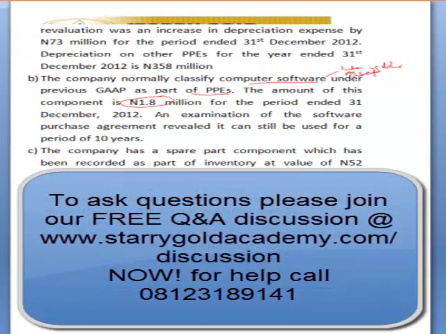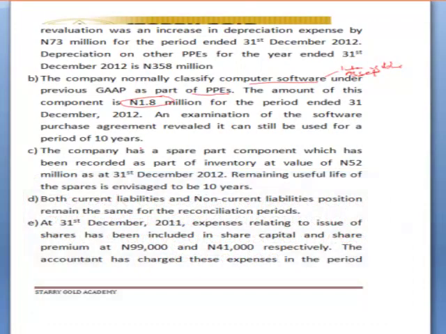Now if you also look at this, it says an examination of the software purchase agreement review shows it can still be used for a period of 10 years. It means from the very first day that you are recognizing it as an intangible asset, you need to be able to amortize it. Amortization over useful life.